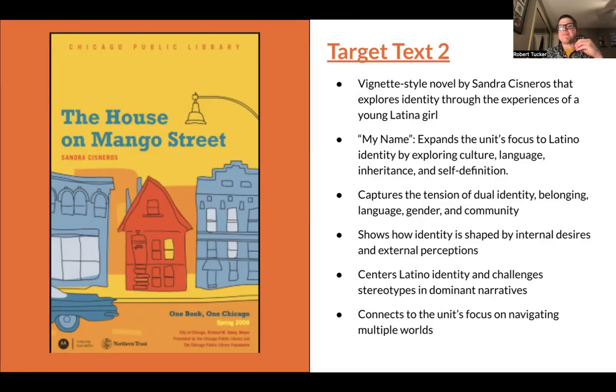So it's really interesting in how it shows that identity is shaped both by internal desires, your motivations, your values, how you define yourself, but also external perceptions and the fear of certain perceptions, and how community and people around us, culture, shapes how we define ourselves. This centers Latino identity and challenges, again, this is another counter narrative to the stereotypes in dominant American culture.